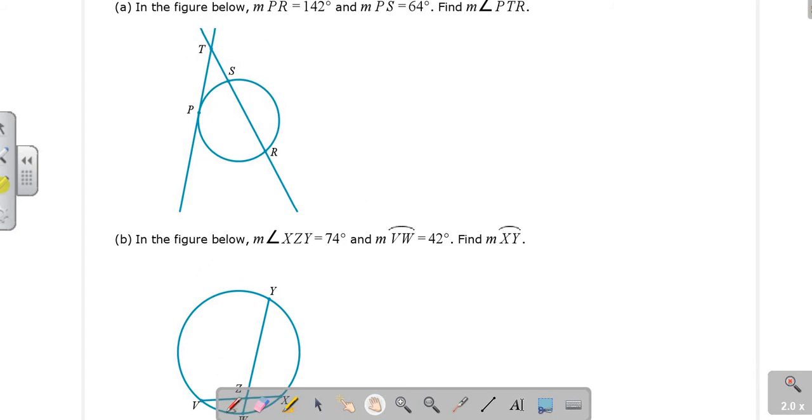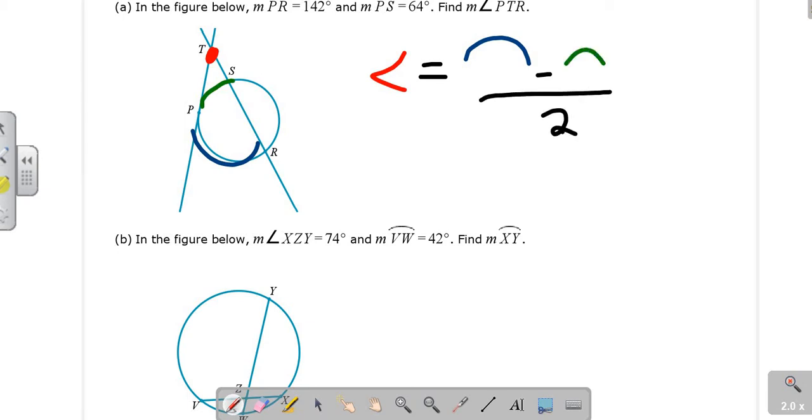These problems, if it's outside, it's going to be angle equals big arc minus little arc over 2. So we are given here that PR is 142. PS, the smaller arc, is 64. Find the angle.